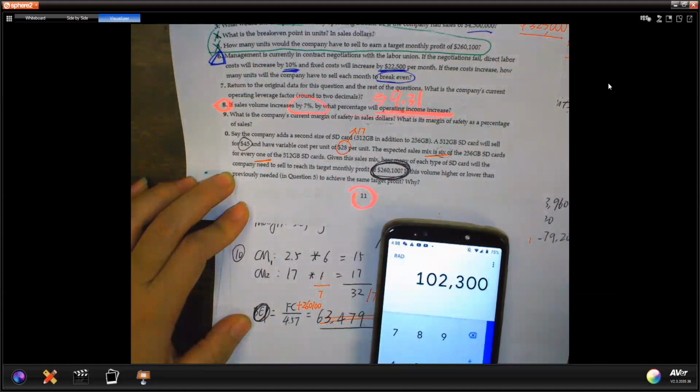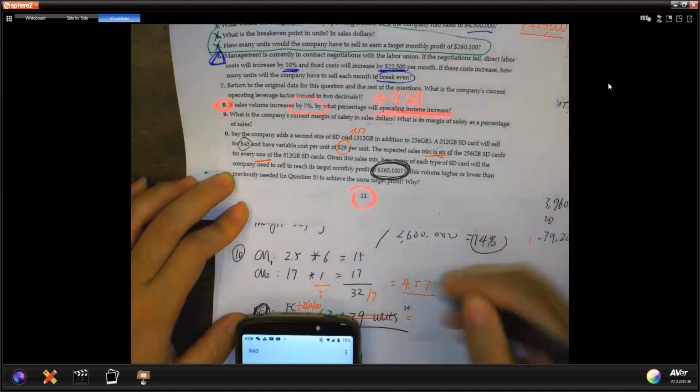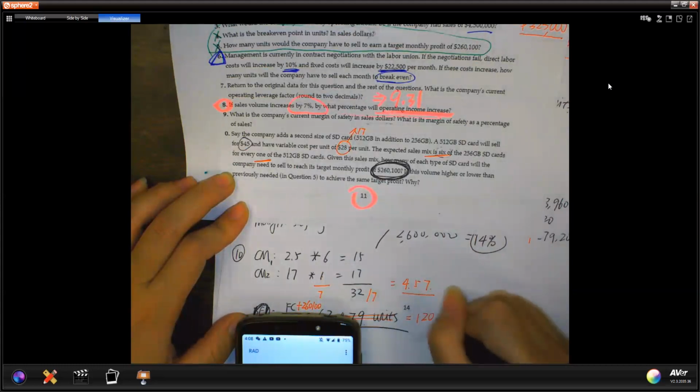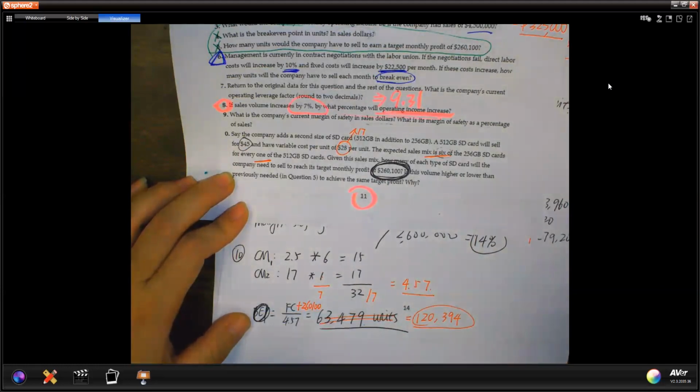102,300 plus 187,800 plus 260,100, and then we divide it by 4.57. So that gives us about 123,994 units. Okay, we have to sell about this many units total.